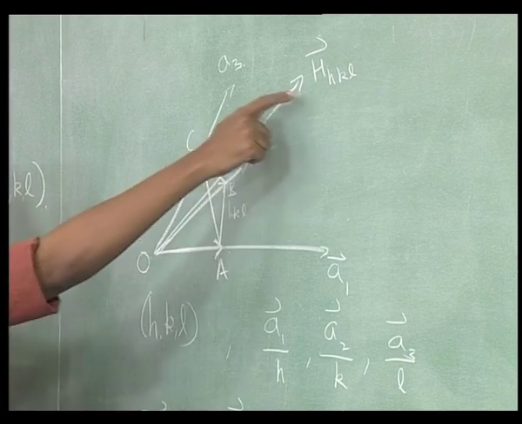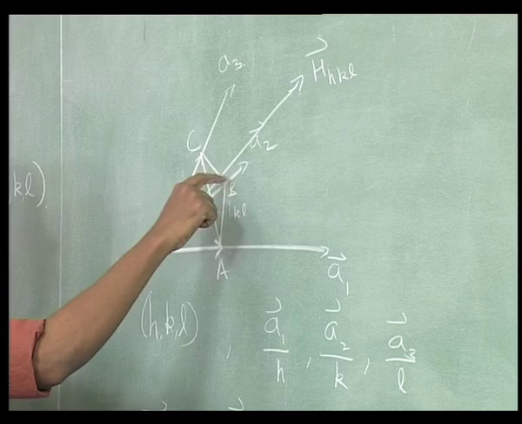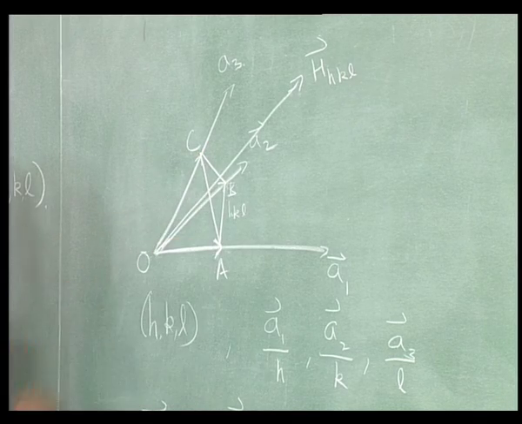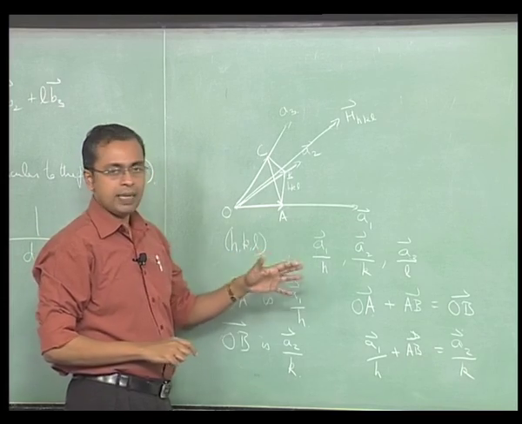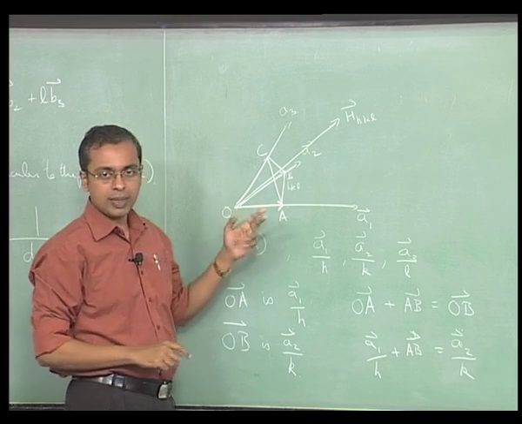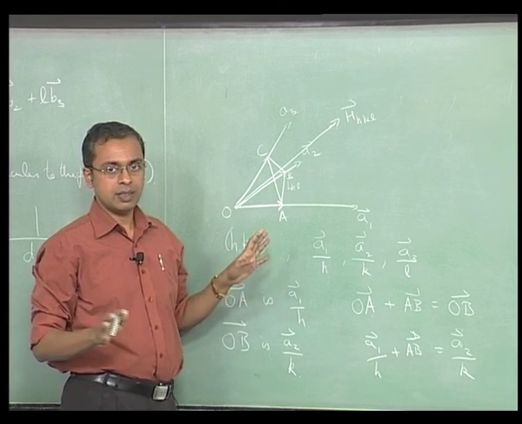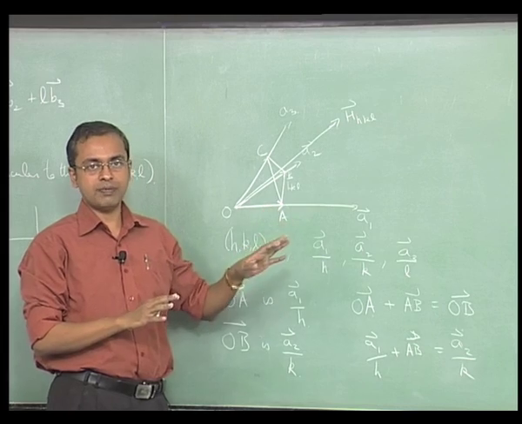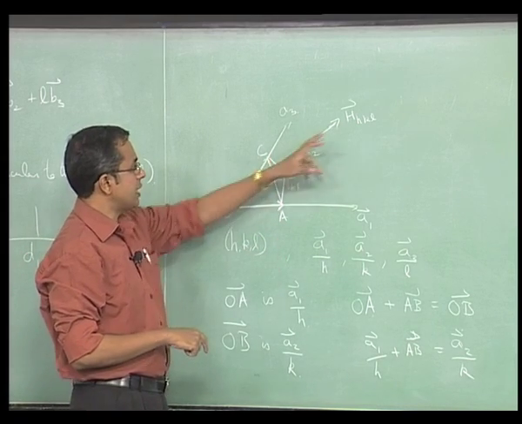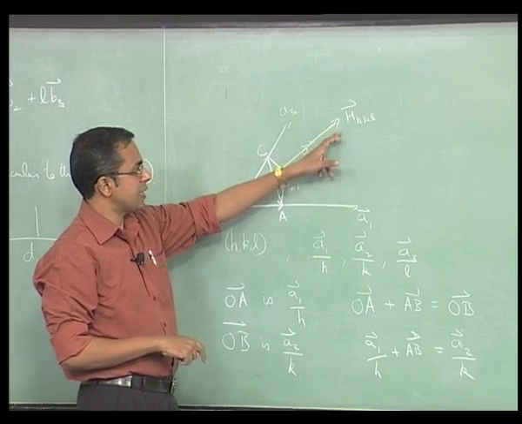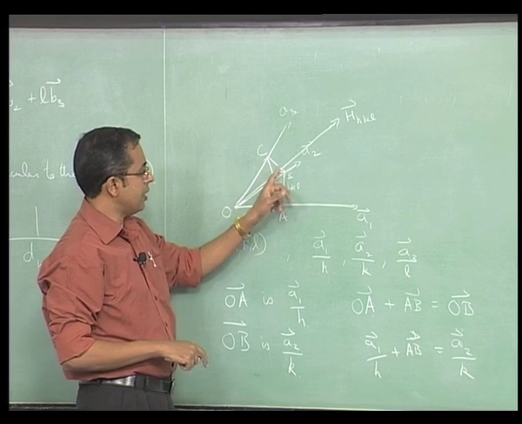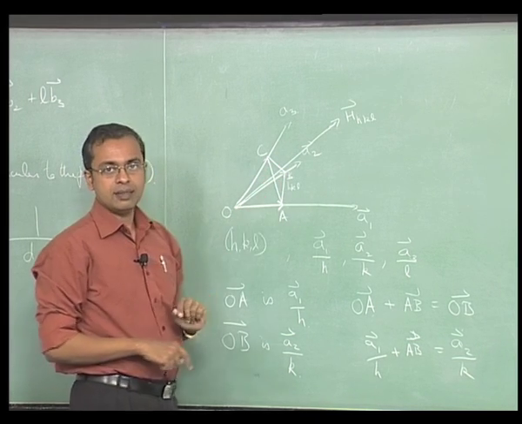So HHKL is perpendicular to AB, BC and CA. You simply have to select the other two axes, and the same mathematics will work out in exactly the same way.